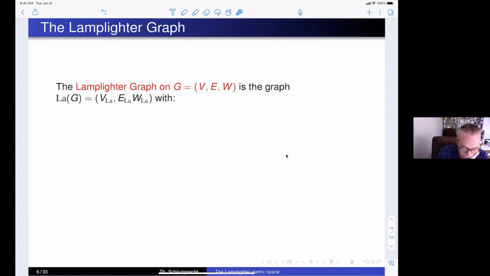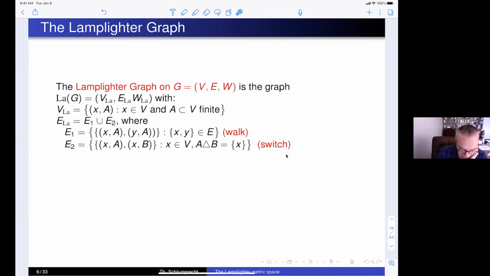This will be a graph whose vertices are all the pairs (x, A), where x is a vertex and A is a finite subset of the vertices of my ground graph. There will be two kinds of edges.